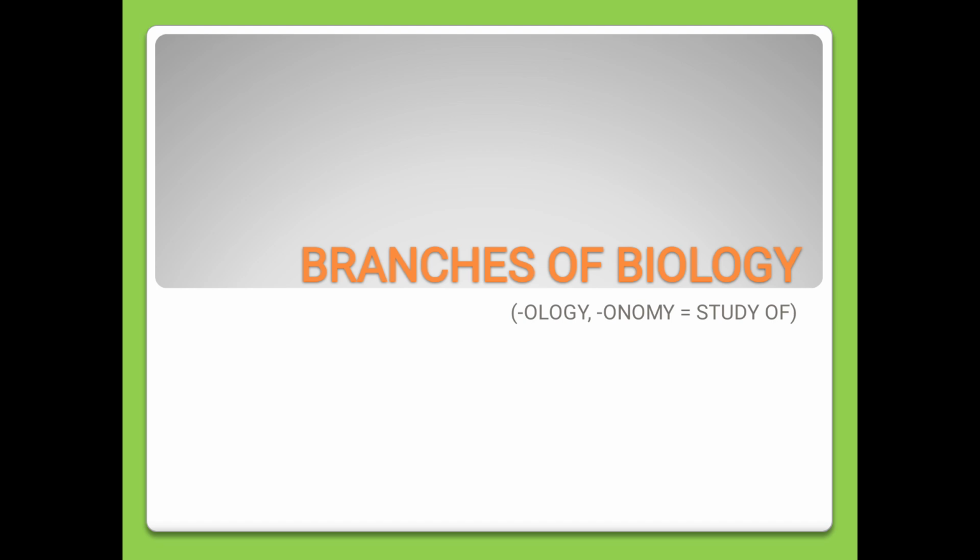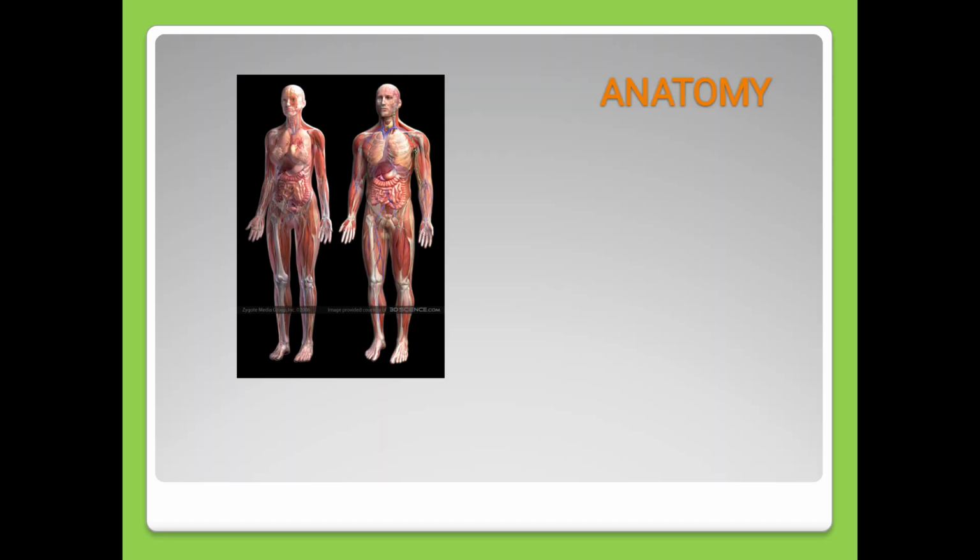Now we discuss its branches. The first branch is anatomy. Anatomy is the study of the internal parts of the body. Particularly, it is a branch of morphology. Morphology is the study of the overall appearance, structure, and shape of the body.